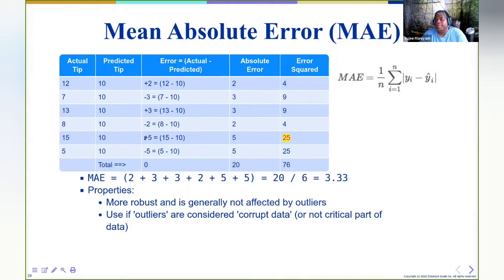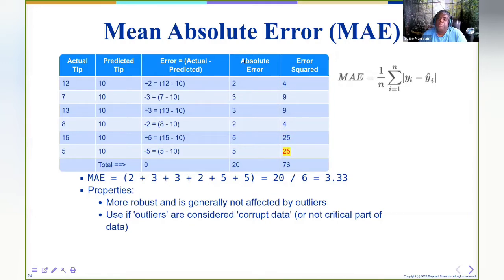If I made an error of -5, in the absolute error it is just 5, but when I square the error, it is 25. It amplifies the outliers, and that sometimes helps the algorithm converge faster.